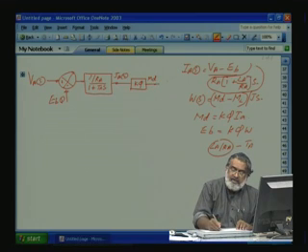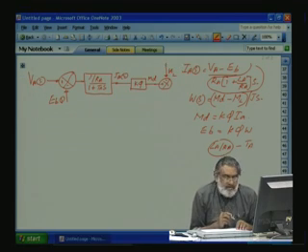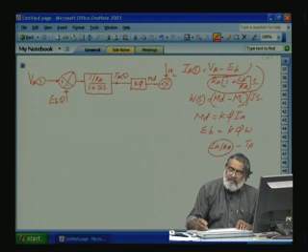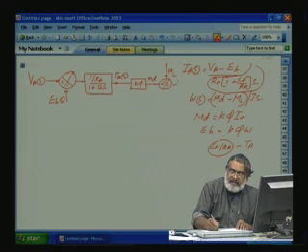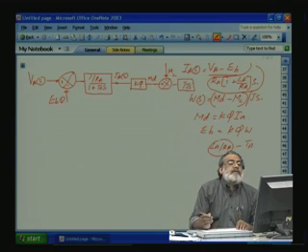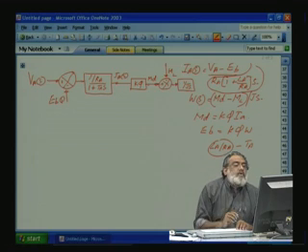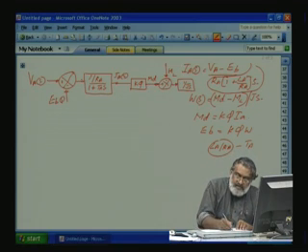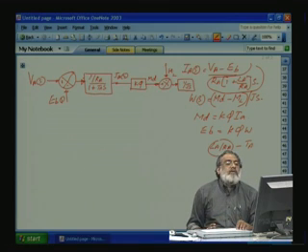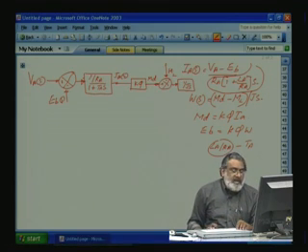So, MD minus ML, multiplied by 1 by Js, this gives our speed omega s.